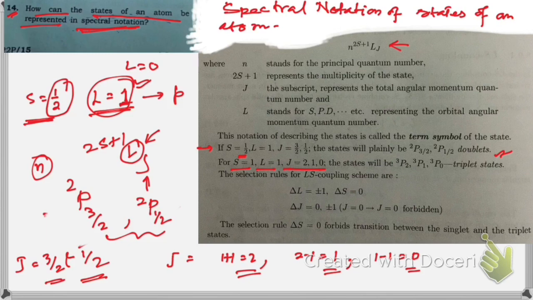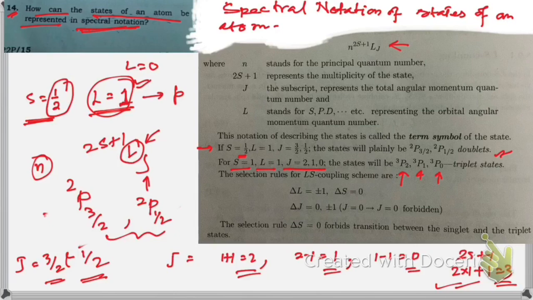As we are taking L equal to 1, we get P each time. And for 2S plus 1, with S equal to 1, that's 2 into 1 plus 1, which is 3. So the multiplicity of the state here is 3.